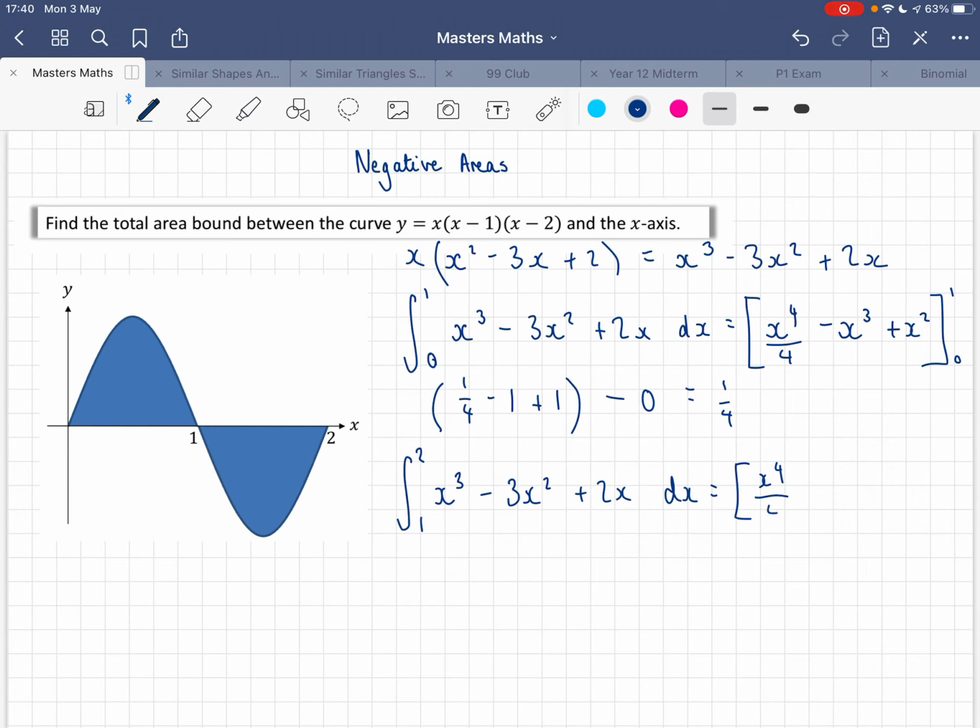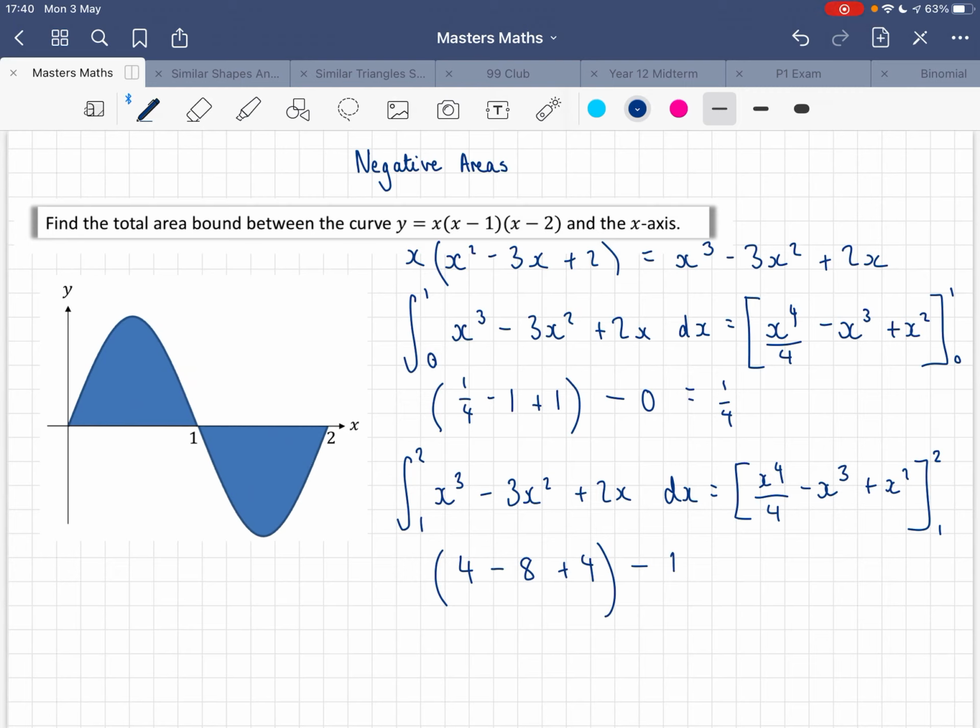So I still get x to the power of 4 over 4 minus x cubed plus x squared, but this time I'm evaluating between 2 and 1, which gives me 2 to the power of 4 is 16 over 4 is 4 minus 8 plus 4.